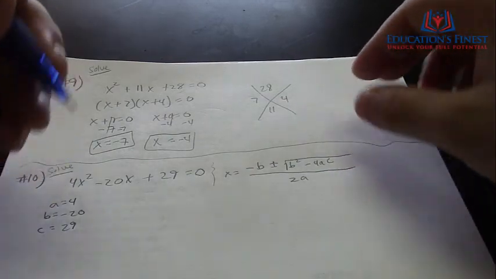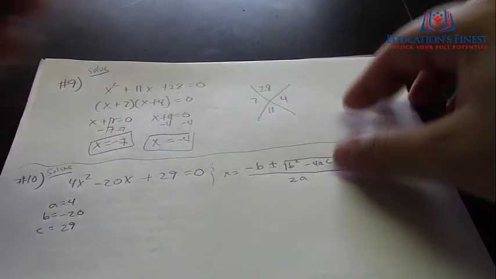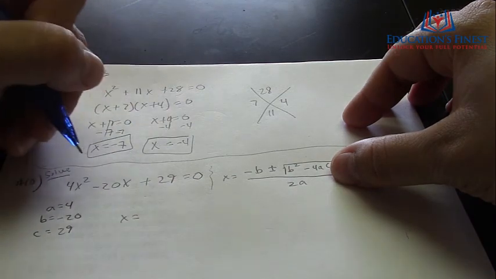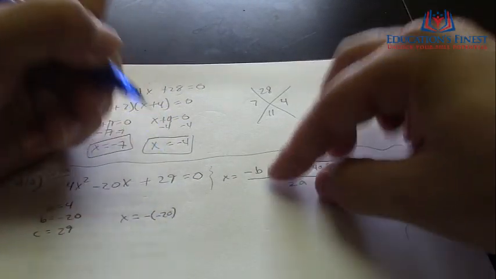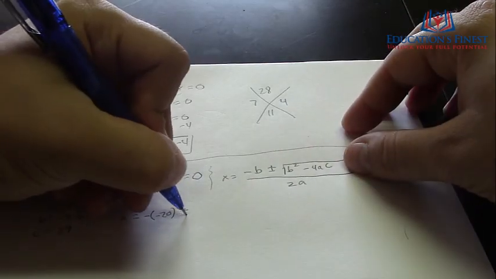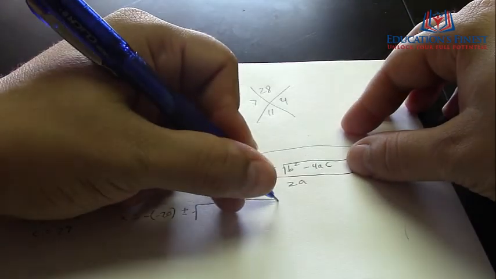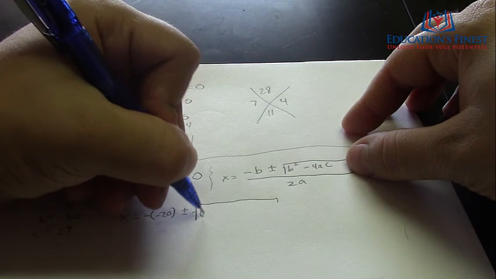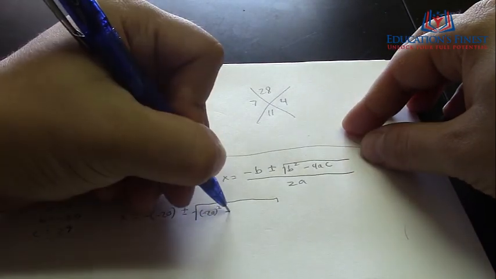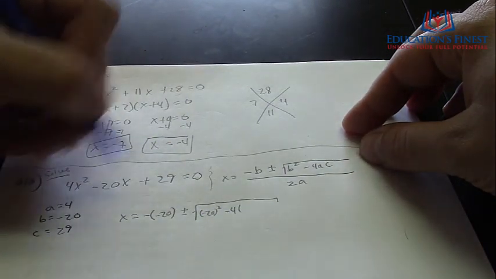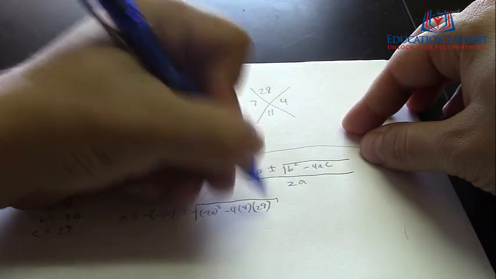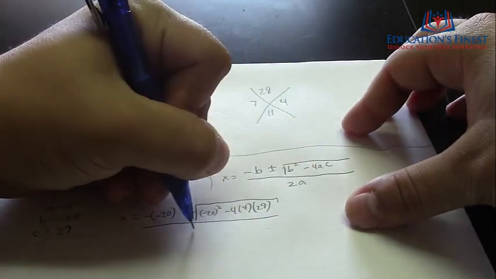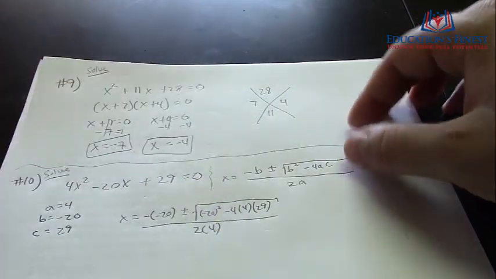Now knowing that, we just plop everything into the formula. So x equals negative times negative 20, which is b, plus or minus the square root of negative 20 squared minus 4 times a times c, which is 29, all divided by 2 times a, which is 4.